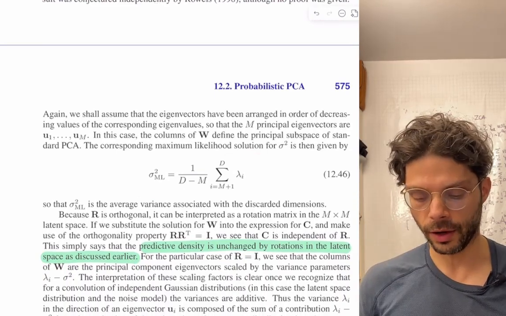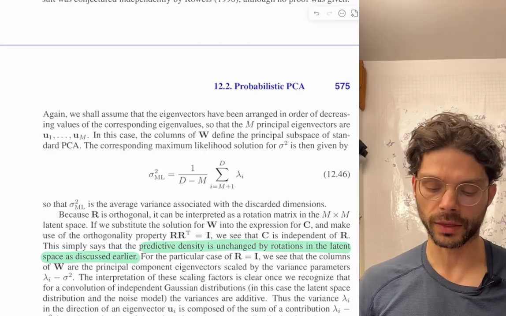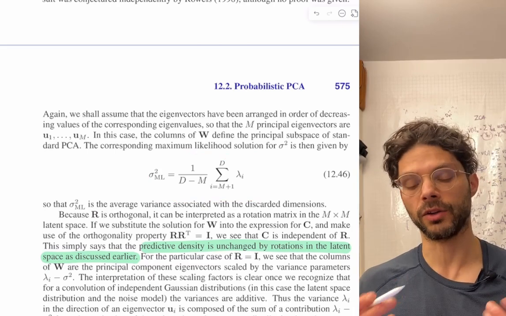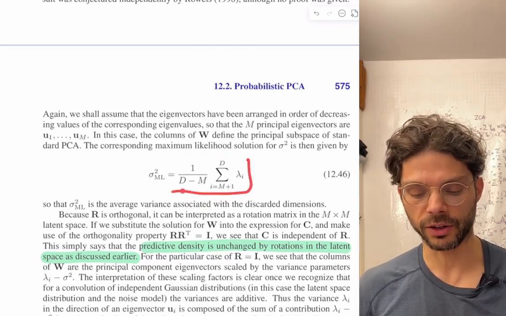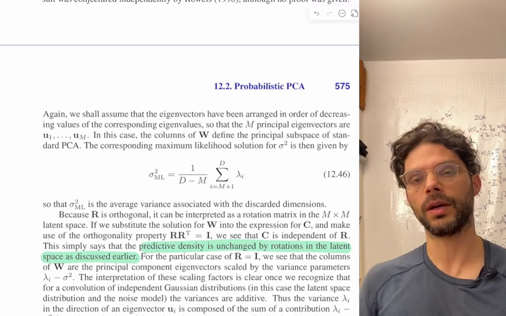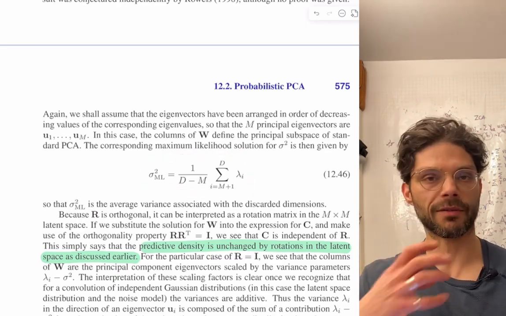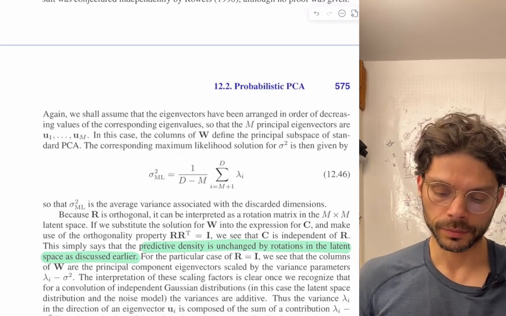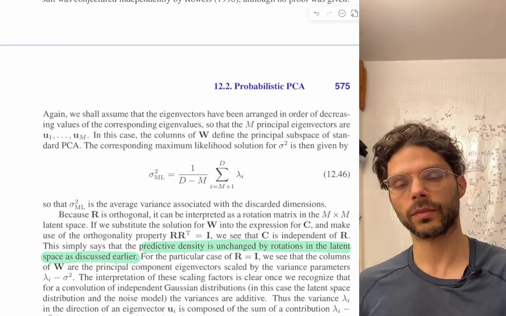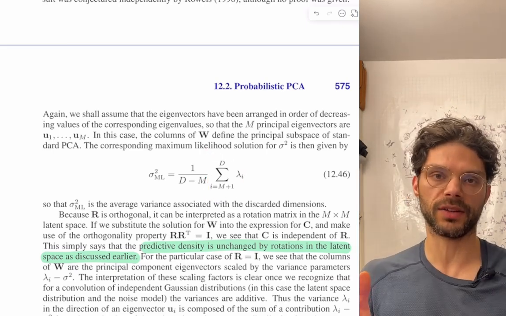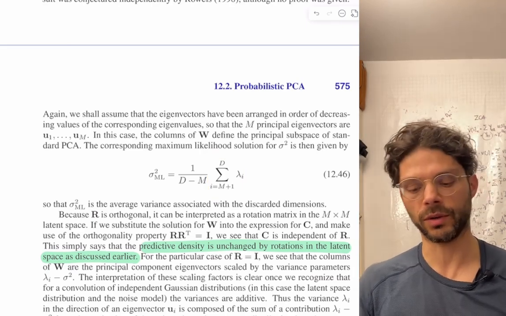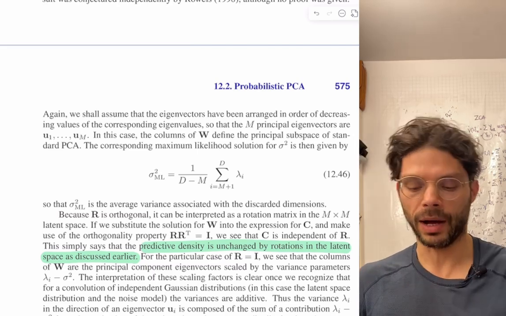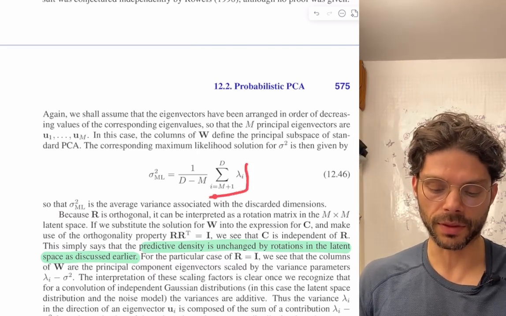So now you've got the weights and you've got the mean. The final thing you have left is the additional variance that you should add. It turns out the variance you end up adding is the average variance in the directions that you didn't take. So you're going to be adding this sigma squared to everything, and that amount is the maximum likelihood amount.